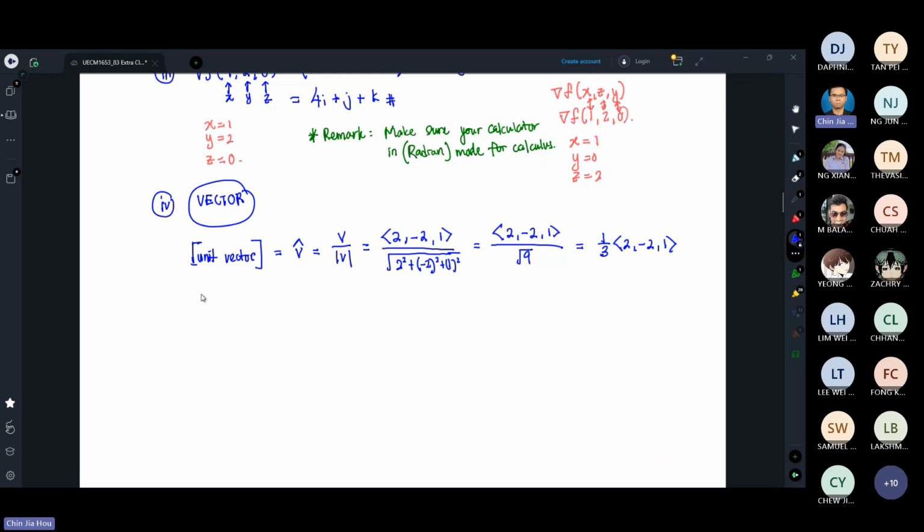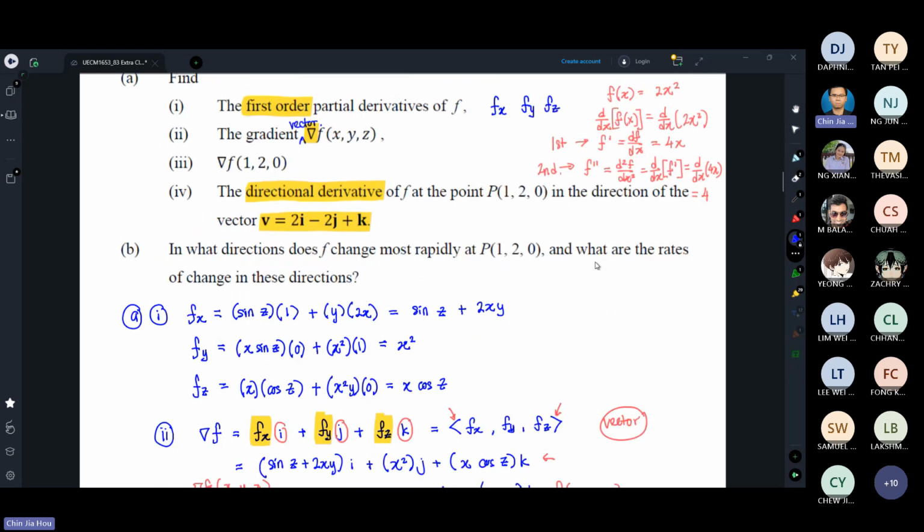The directional derivative of the function f is written in such a way. I forgot. Let me refer back. Directional. Okay, D_v f. Equals taking the gradient vector of f. Since the question, if we go back to the question, mentioned that specifically at 1, 2, 0, which is essentially the same as here.